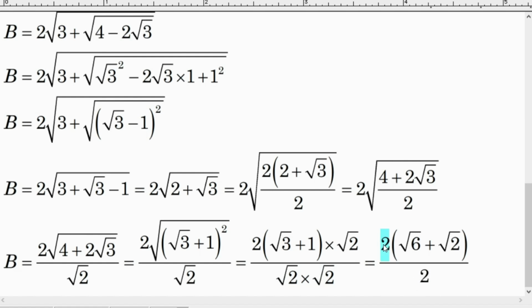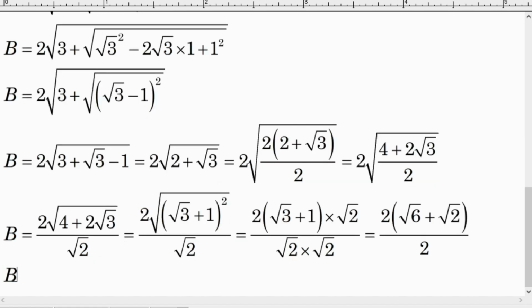So now we can simplify the numerator 2 here with the denominator 2 here, and then b must equal to square root of 6 plus square root of 2.